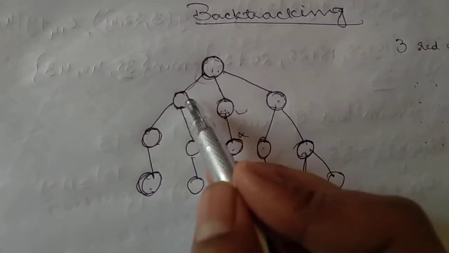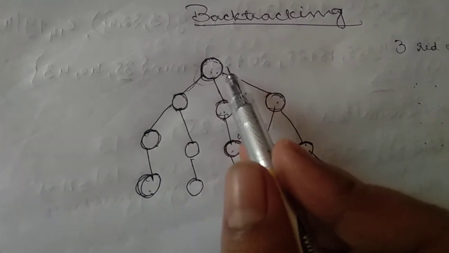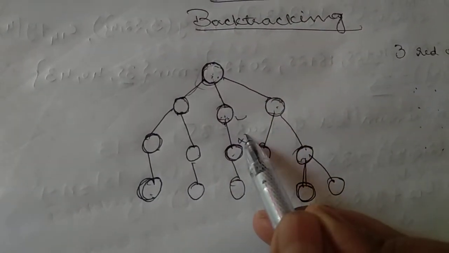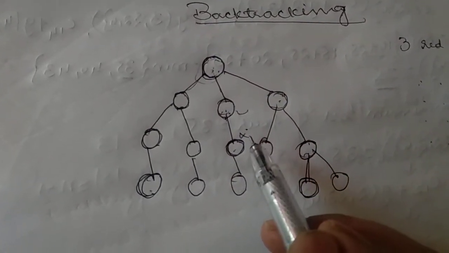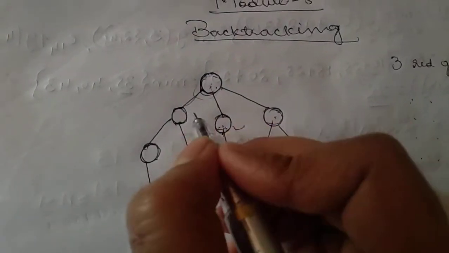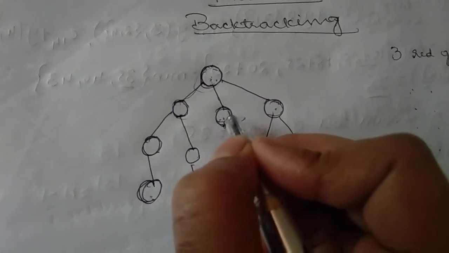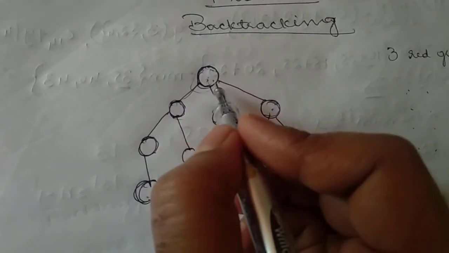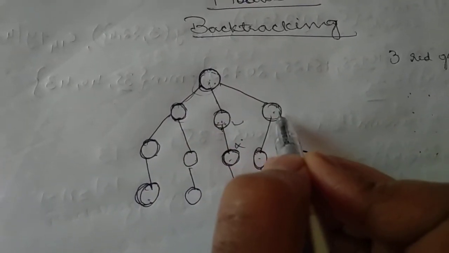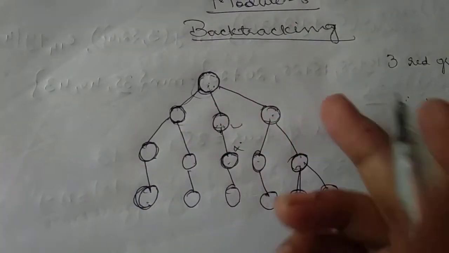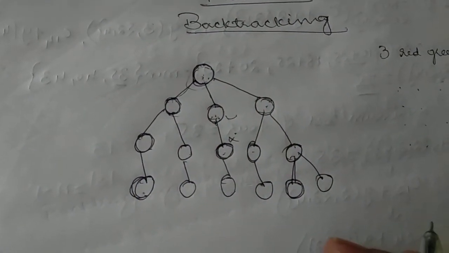You have to backtrack and replace the last component of the partially constructed solution with its next option. See, if this is not proper, backtrack, go here. If this is not proper, again go back. That is backtracking. No options, so you can write there is no option.